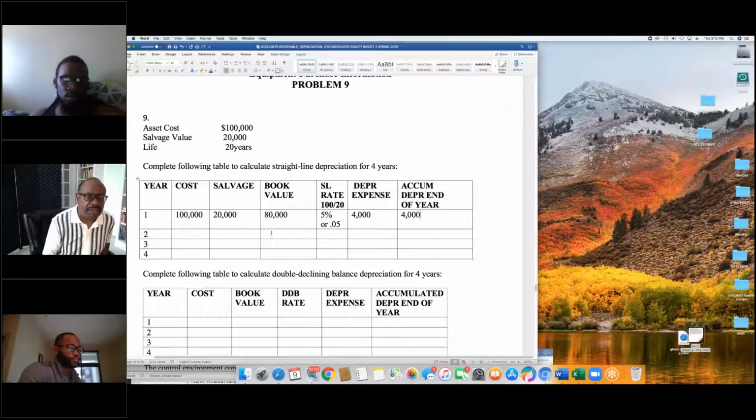We go to year 2, it's still going to be 80,000, right? That rate's going to stay the same. And this number's going to be 4,000 again, but what's this number going to be? 8,000.